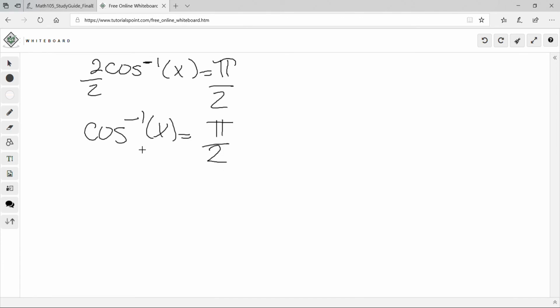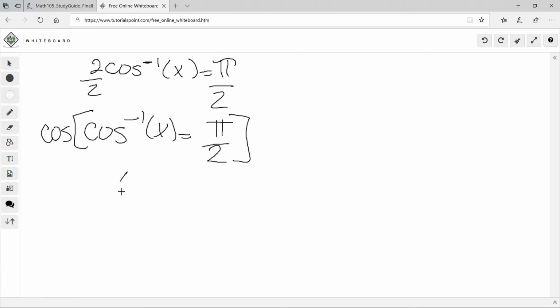And then some people can know it from here. They're asking us, some people could figure it out. First I want to solve for x. So what I can do is multiply everything by cosine, because when you multiply cosine and cosine inverse, these cancel, so they're inverses.